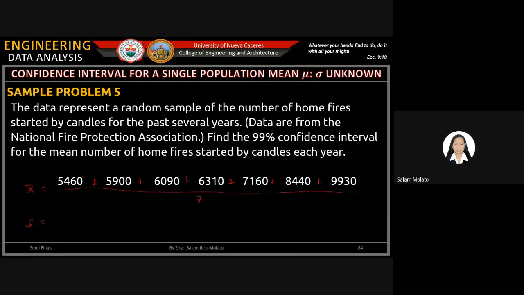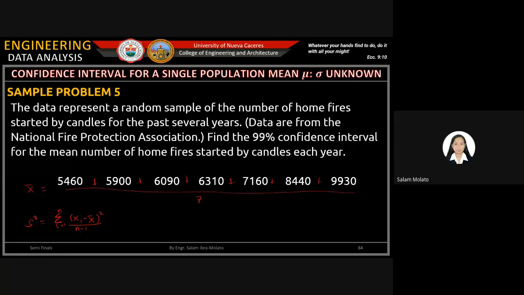You can also use the formula I already discussed, the formula for S squared, the variance. Since what we need is the standard deviation, the sample variance is the summation of x i minus x bar squared over n minus 1, as i goes from 1 to n.